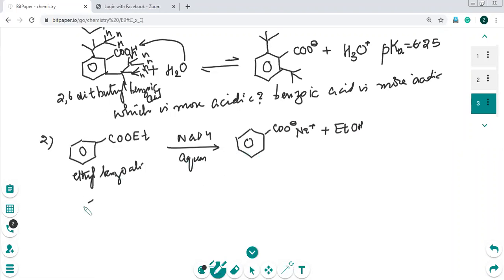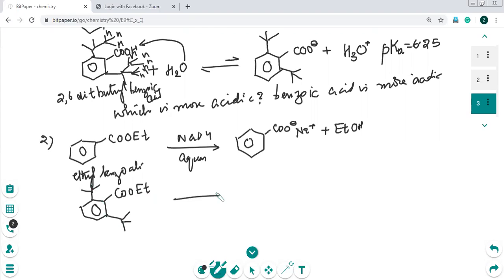Now let me put two bulky groups here. One T-butyl group here, one T-butyl group here.